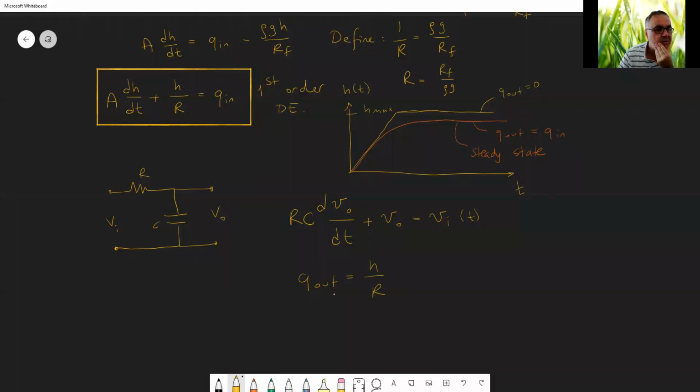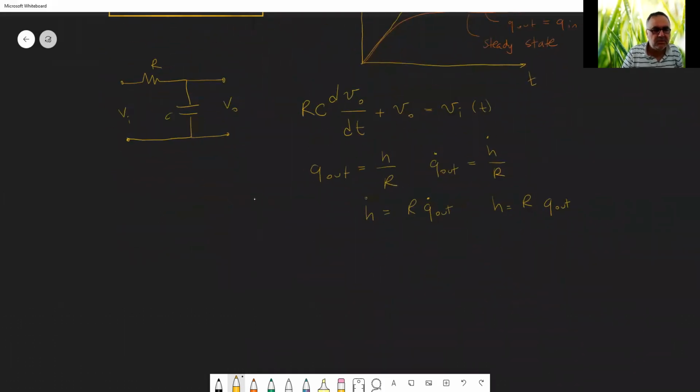Yes, H over R is the Q out term. So Q out dot would be H dot over R. So H dot is going to be R times Q out dot, and H will be equal to R times Q out. Okay.